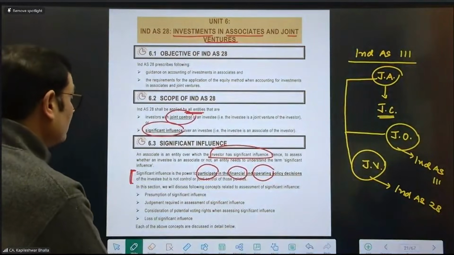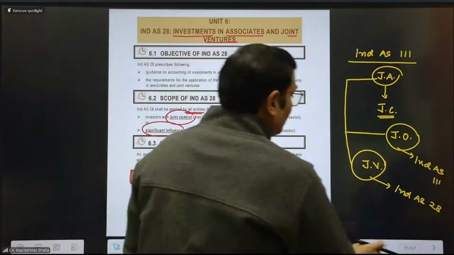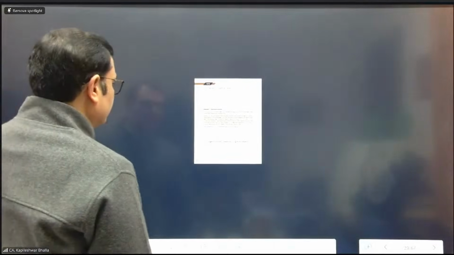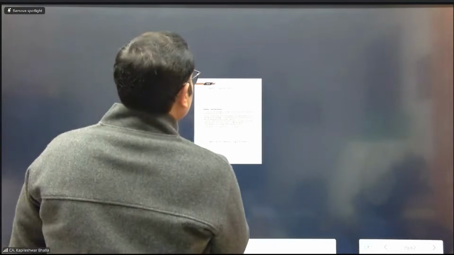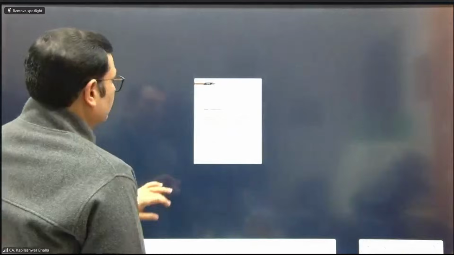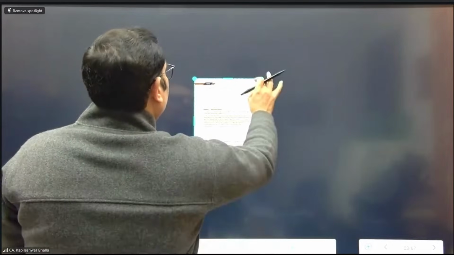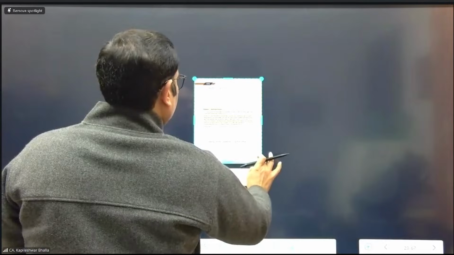Now, we're going to look at how the significant influence is assessed. So there are a couple of parameters which are given in the standard. I think I'll just quickly run the inputs to you.